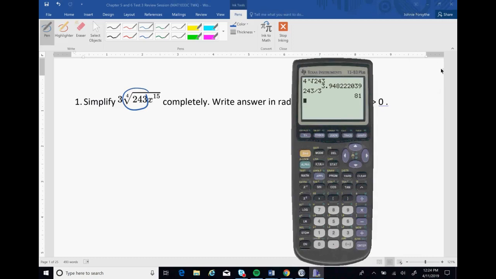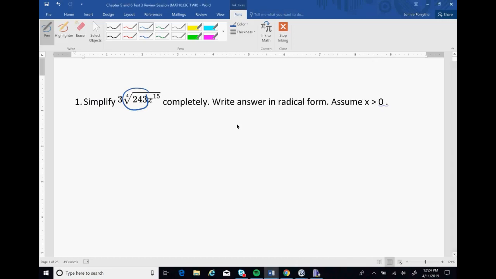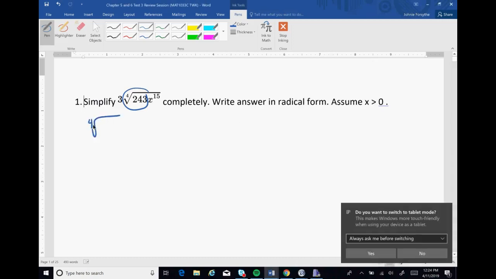So I can use 3 and 81 to start simplifying this radical. If I have the fourth root of 243, I'm going to break that down into 3 times 81, and I'm going to keep doing that until I have all prime factors.